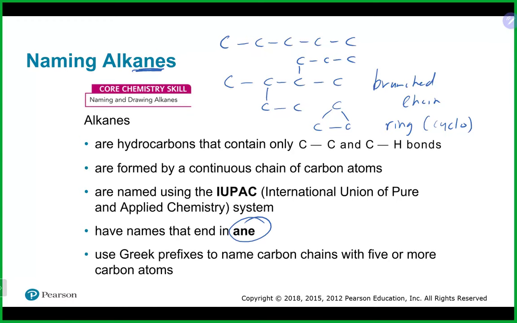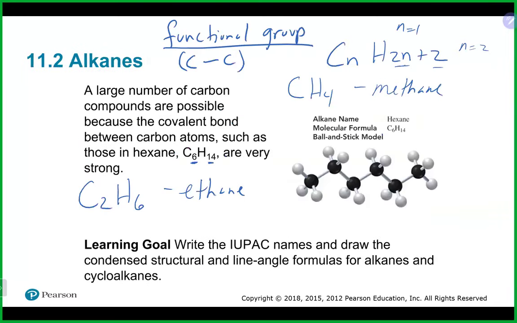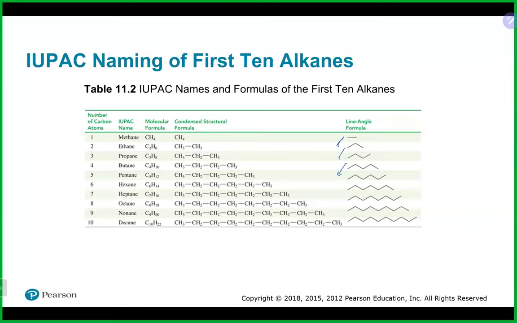We also use some prefixes to help us. And by the way, these line structures are off by a row. I think each of these should go down. But these are the first 10 alkanes, and really you should learn these as soon as possible because it can really help you. So we'll look at it here again.